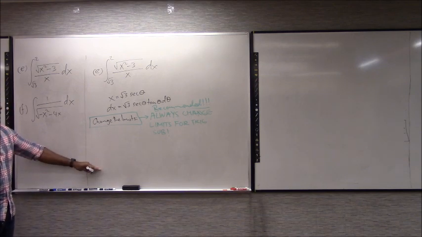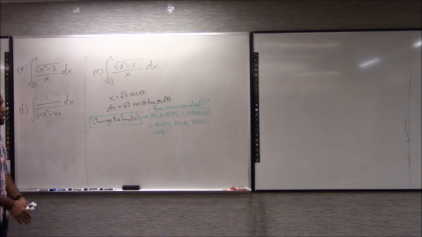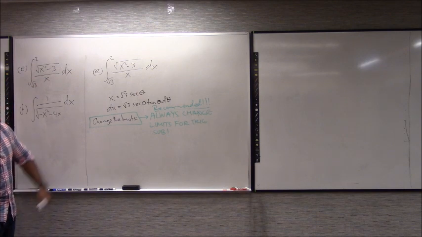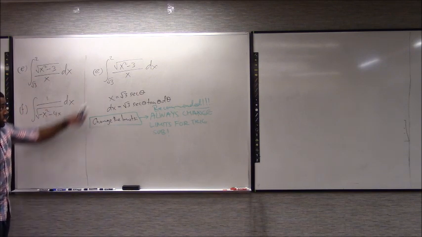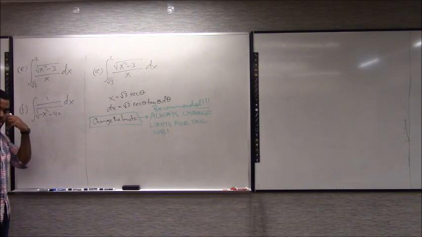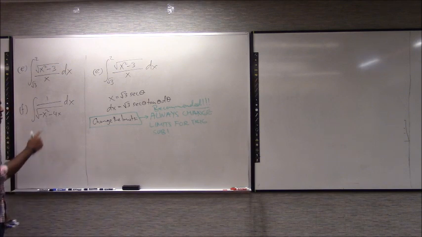And so once you get an answer in theta, you just plug in the numbers that correspond to theta right away, and it'll save you a lot of time. So if you're going to attack an integral by trig sub, and it's a definite integral, I'll definitely always change the limits. Some people like to not change the limits and then just wait till the end and plug in the old numbers, but this is highly recommended for trig sub. It'll save you time.